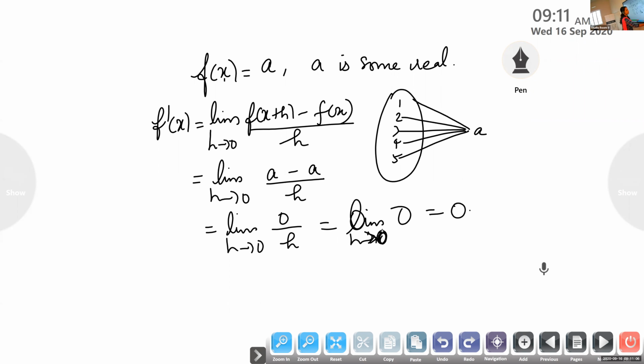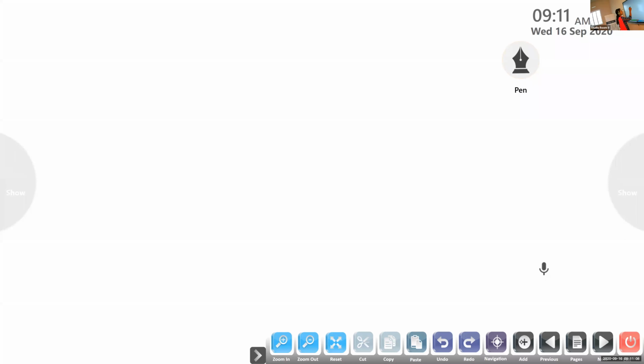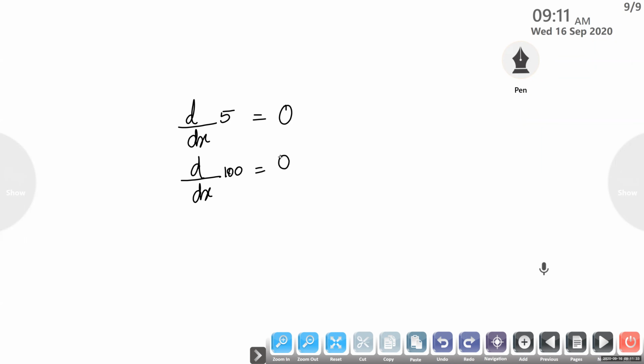Now tell me, what is the derivative of 5? 0, because it is a constant. Krishna Chandran, what is the derivative of 100? 0, because it is a constant.